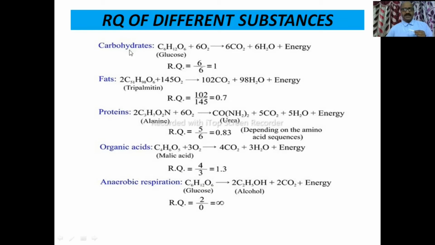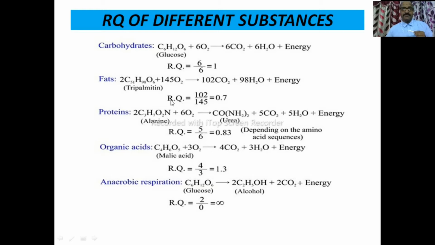Now come to the RQ value of different substances. In case of carbohydrate, I have already told you the RQ value is equal to 1. But in case of fats, for example tripalmitin, 145 oxygen molecules are utilized and 102 molecules of carbon dioxide are released.